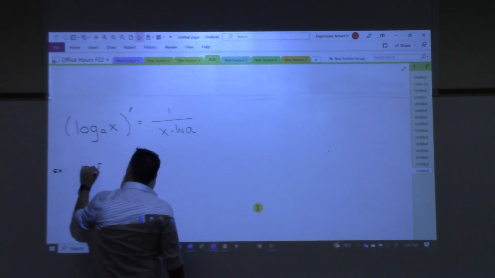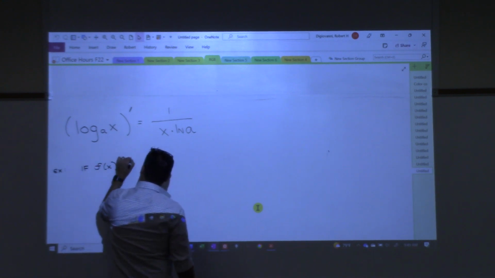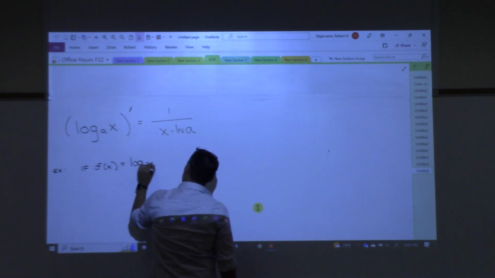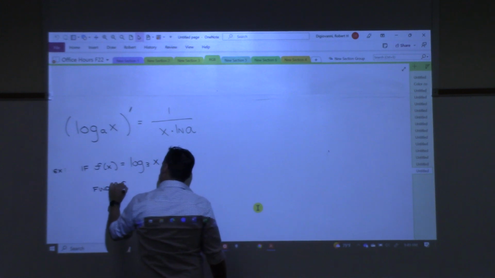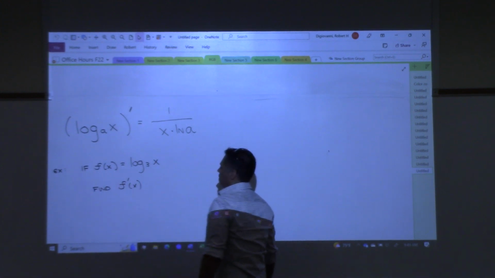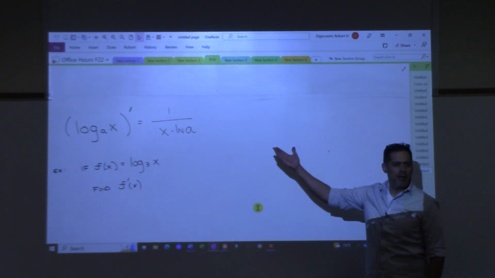If f of x is log base 3 of x, find f prime of x. We just use that formula.